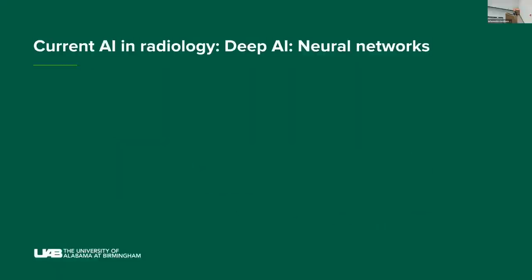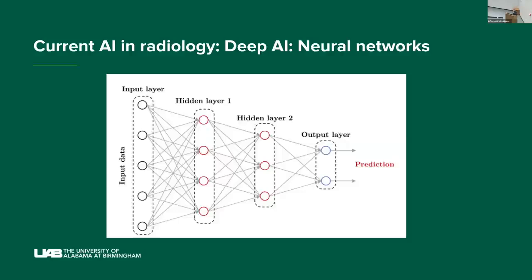Right now, most of the development in medical imaging and artificial intelligence is in the field of deep learning AI. As you are familiar, neural networks consist of one input layer and one output layer. Between these two layers, there are multiple hidden layers, and data is analyzed level by level from the input layer to the output layer and then to the prediction layer.